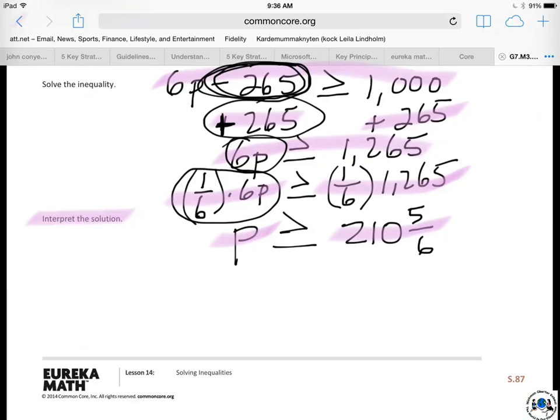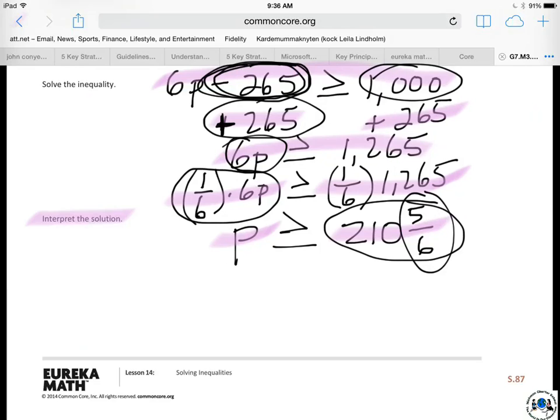Okay, so that is a very interesting number, because we know we can't have 5/6 of a person. All right. So if I could ask you, what do you think? Think about that. What do you think that might actually mean? How many people would need to visit or need to ride this gentle giant roller coaster in order that the operator of this ride can make that $1,000 profit?